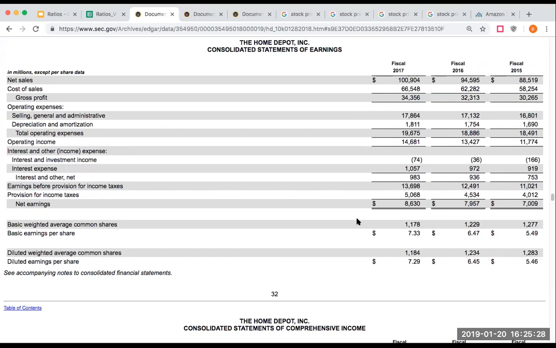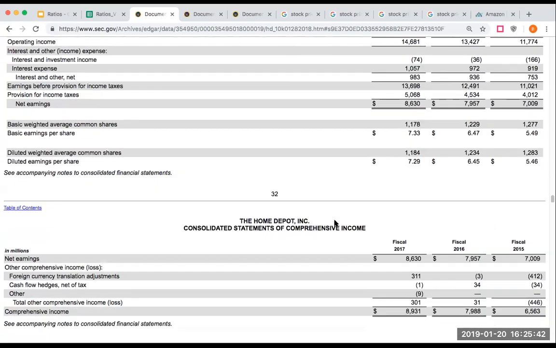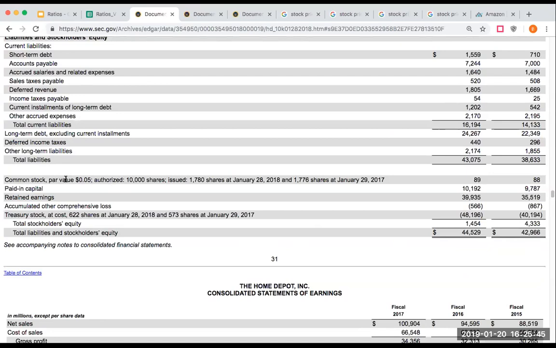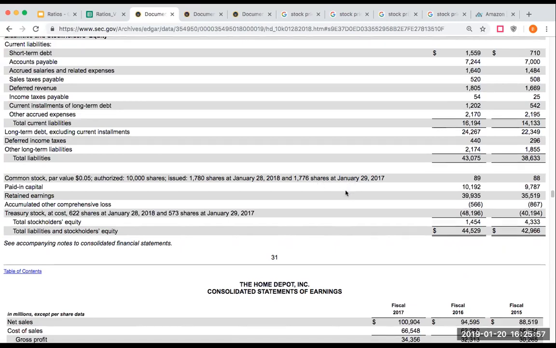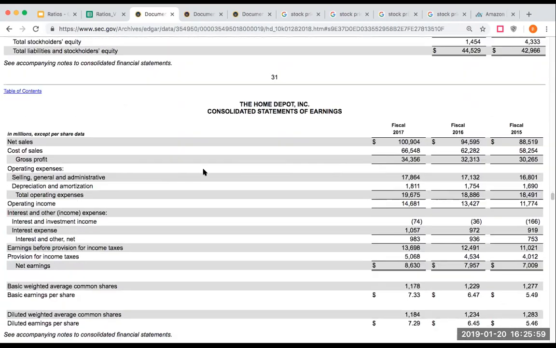Now, before we go any further, the weighted average share calculations for basic are relatively easy to do, because you're just seeing whether the shares were actually outstanding during the full period. Here for Home Depot, they had 1.7 billion shares at January 28th, 1.7 billion shares at January 29th. But you might be asking, well, wait a second, if this is 1.78, then why is this 1.178?